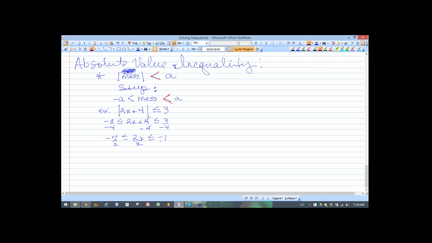Positive value, signs remain the same. Negative 7/2 is less than or equal to x, which is less than or equal to negative 1/2. You do want to always make sure negative 7/2 is definitely less than negative 1/2, especially when you have negative answers. Be careful with that. Okay, so that's the setup for this.